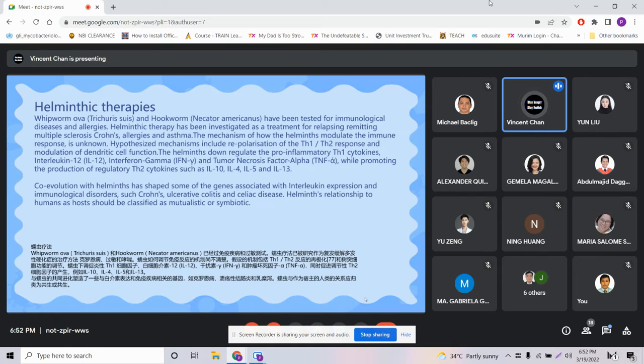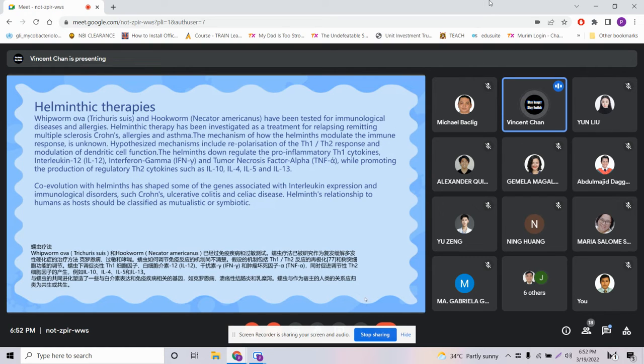Helminthic therapy has been investigated as a treatment for relapsing remitting multiple sclerosis, Crohn's, allergies, and asthma. The mechanism of how the helminths modulate the immune response is unknown.